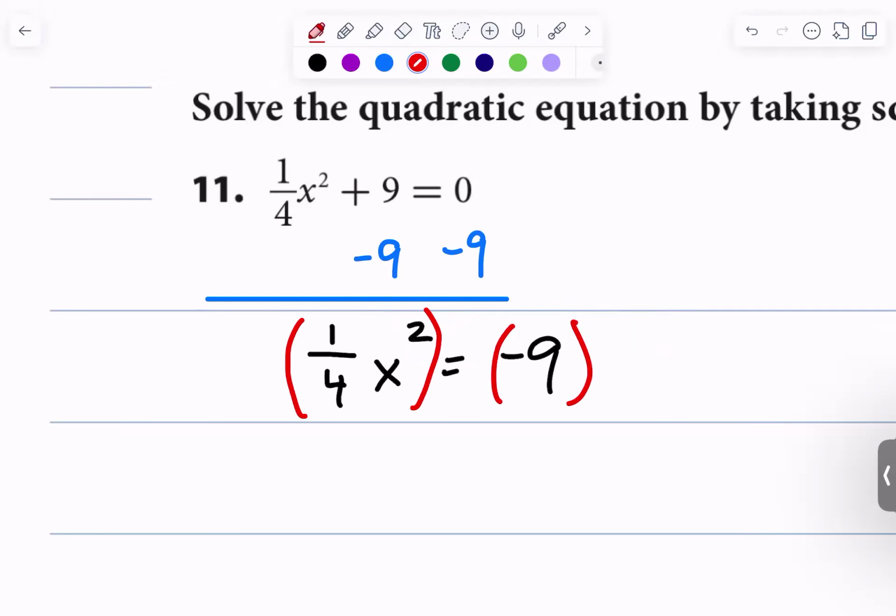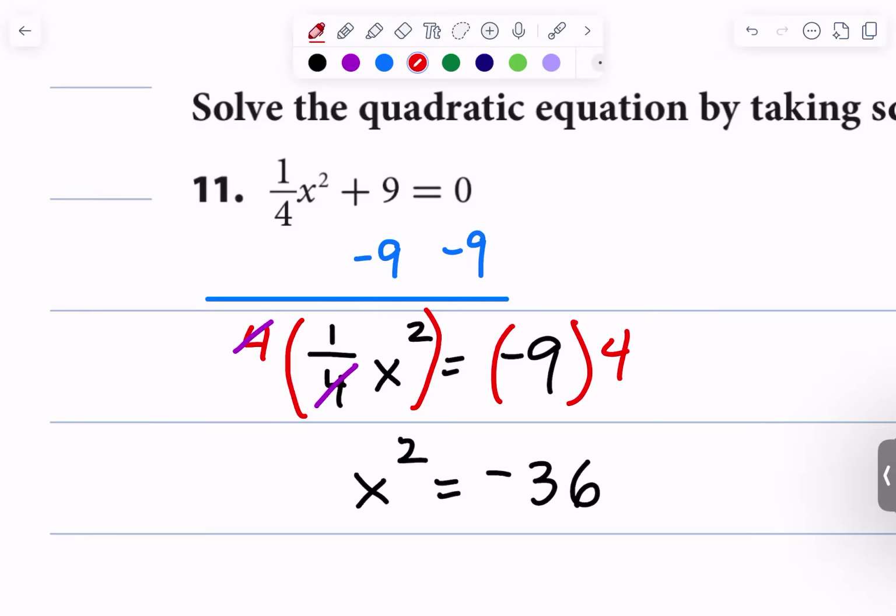Okay? The reciprocal of 1/4 is just 4. So multiply both sides by 4. And now notice that the 4 cancels out with the 1/4, and we just have x squared here. Okay? Equals negative 9 times 4 is negative 36.